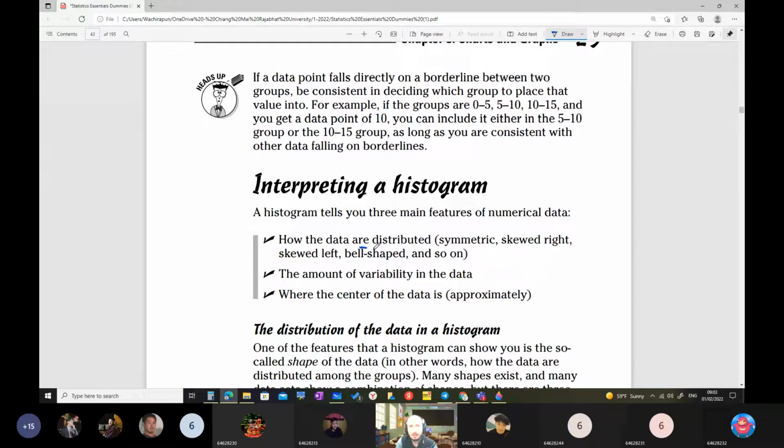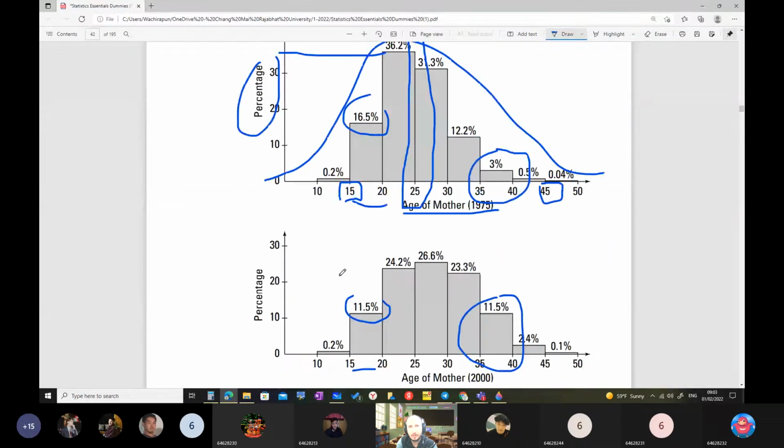How data is distributed, right? We look. Is it symmetrical or skewed to the right, skewed to the left, bell shape, and so on? How data is varied, right? Is it from 10 to 50?